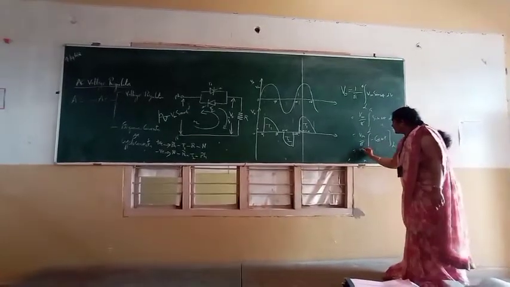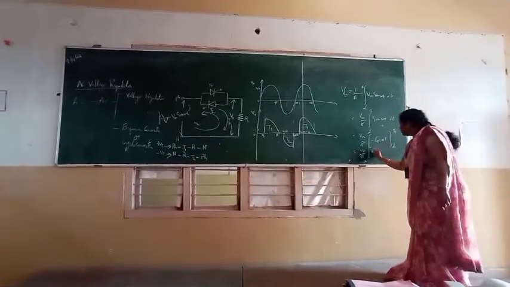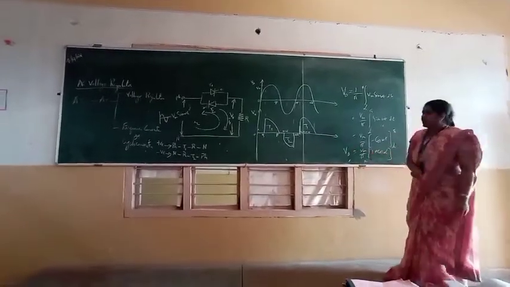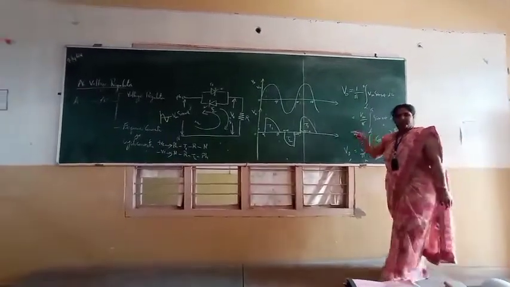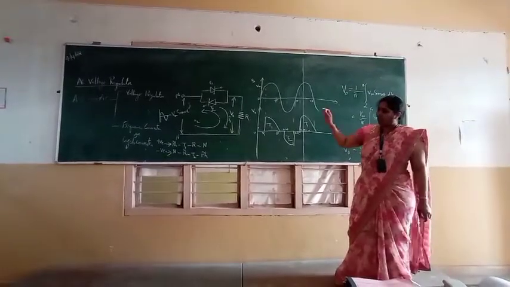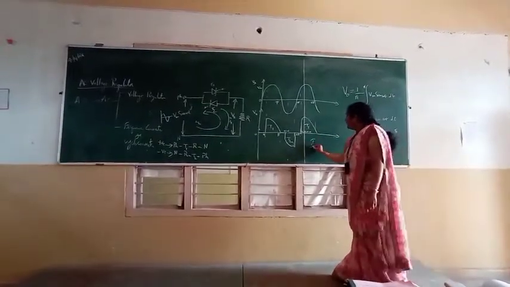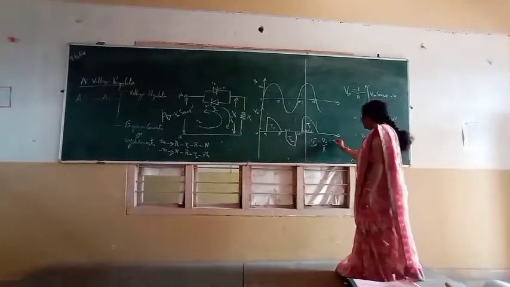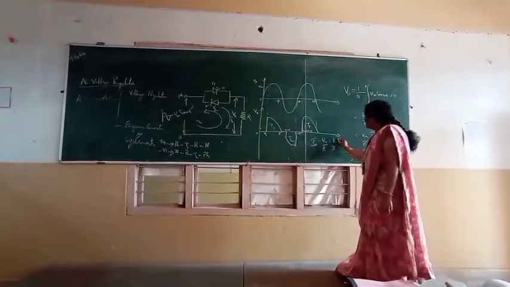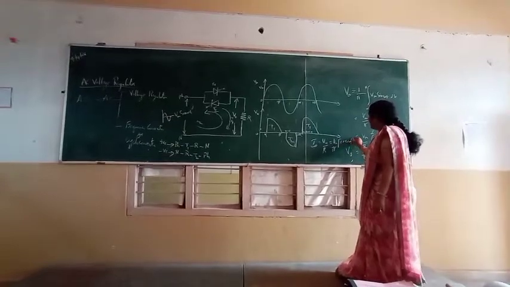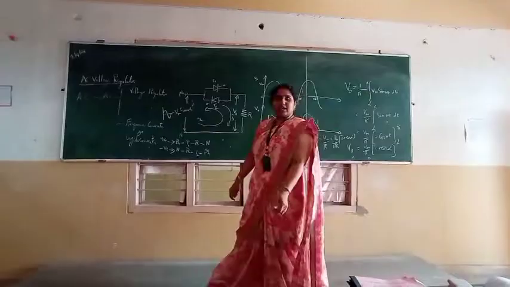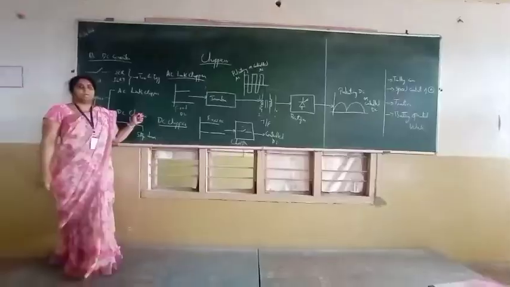Solving this, we get Vm by pi into 1 plus cos alpha. This is the output voltage delivered across the load. The I0 is equal to V0 by R, which is Vm into 1 plus cos alpha divided by pi into R. So this is all about the AC voltage regulator.